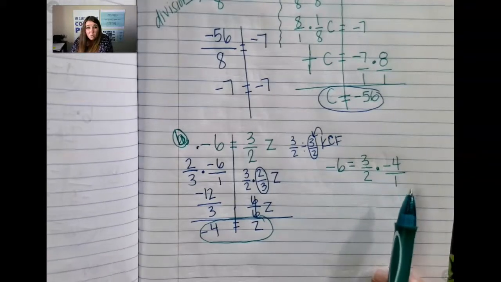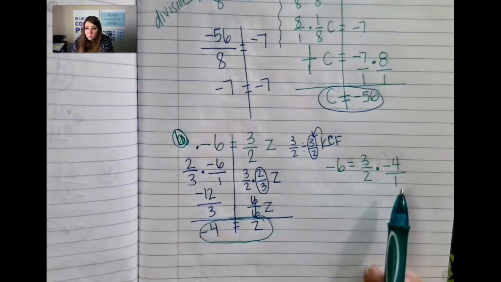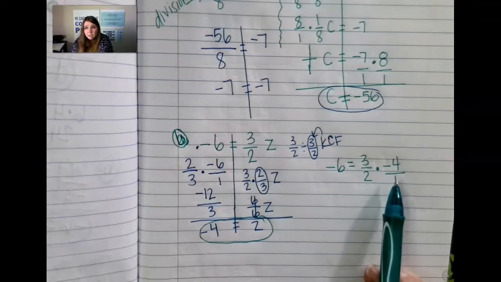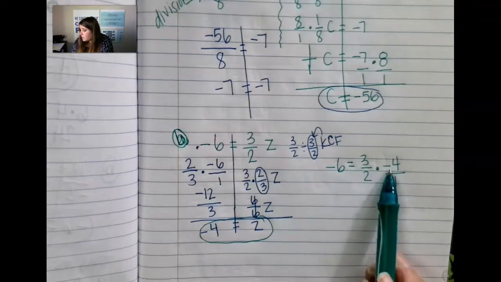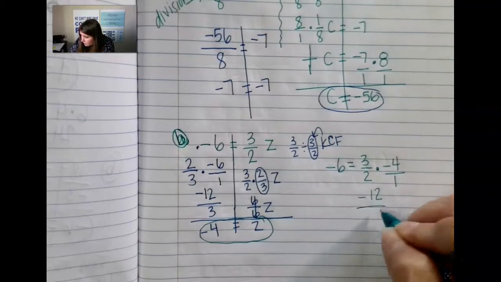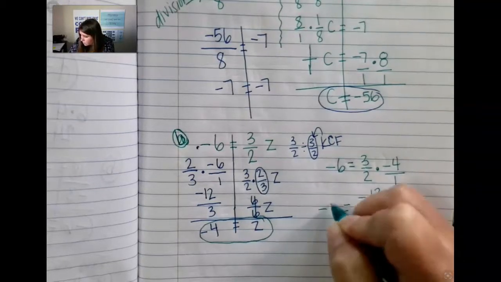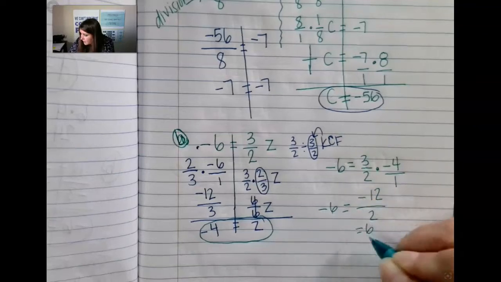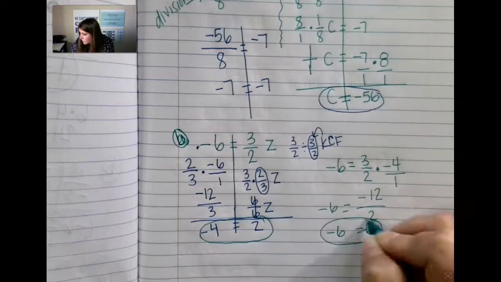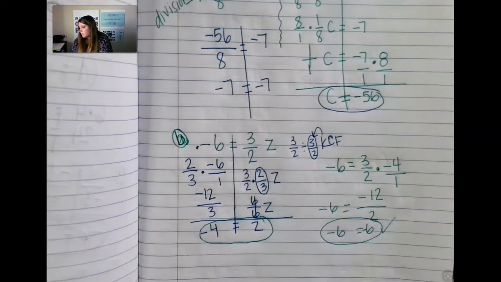So really in this whole lesson, all you're using is multiplication, but you just have to find the right fraction to use. 3 times negative 4 is negative 12, and negative 12 divided by 2 equals negative 6, and negative 6 is equal to negative 6, so it checks out.